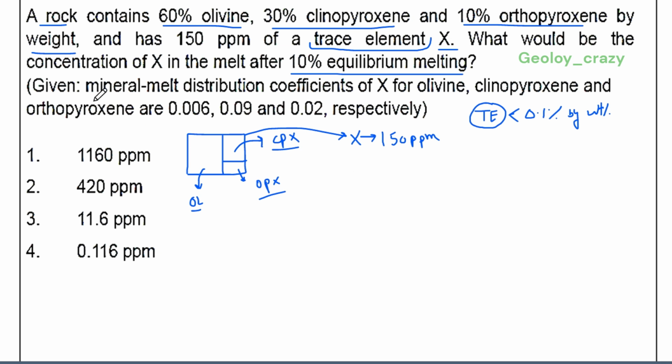They are giving the mineral-melt distribution coefficients of X. For olivine it is 0.0006, for OPX it is 0.09, and for CPX it is 0.02.